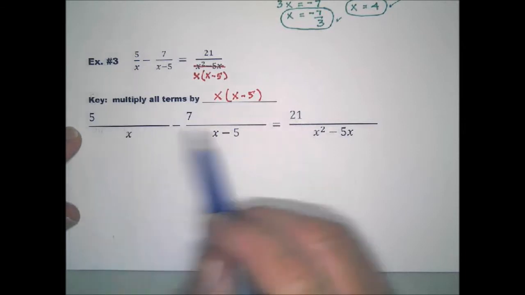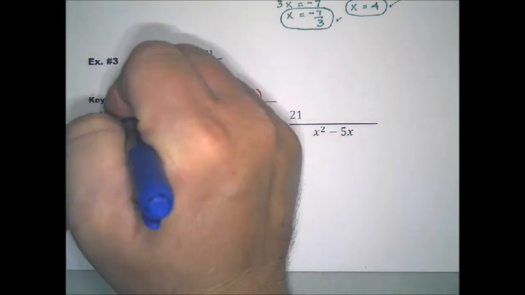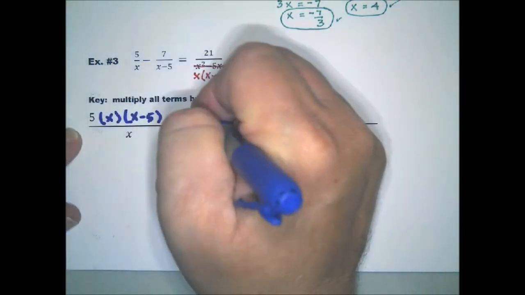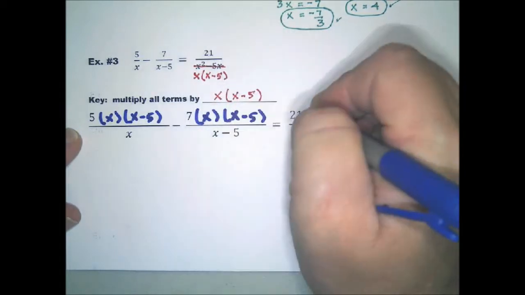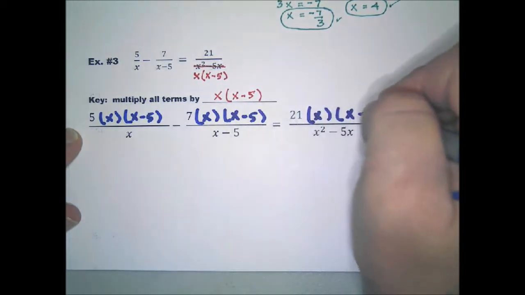Every part of this fraction is going to get multiplied by x times x minus 5. X times x minus 5. X times x minus 5.